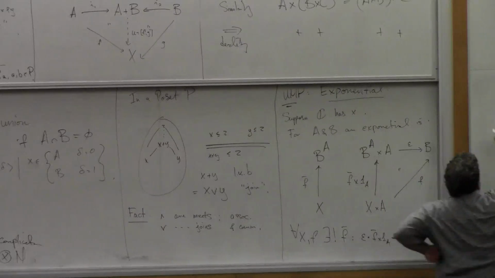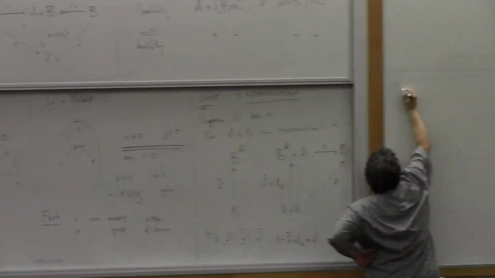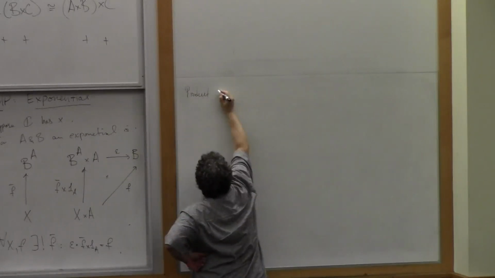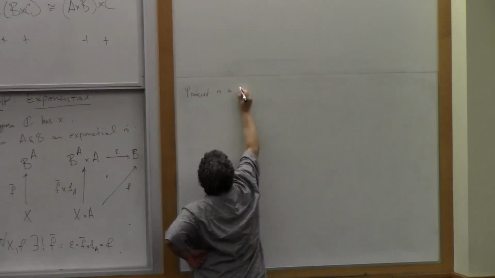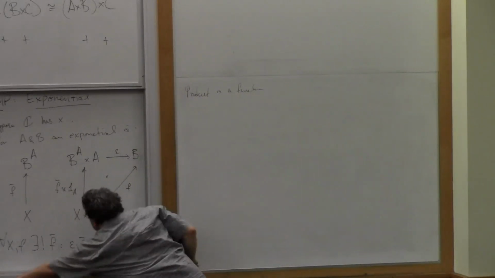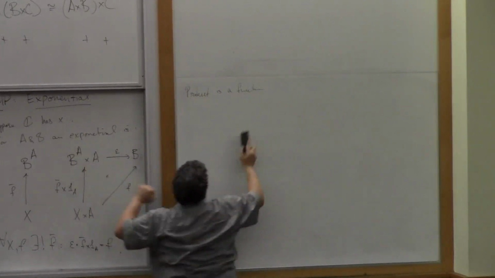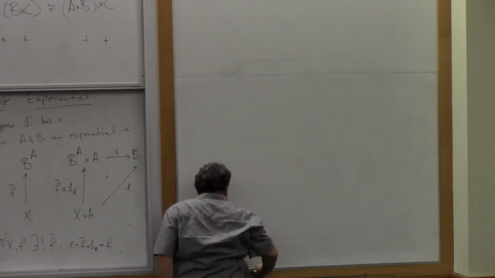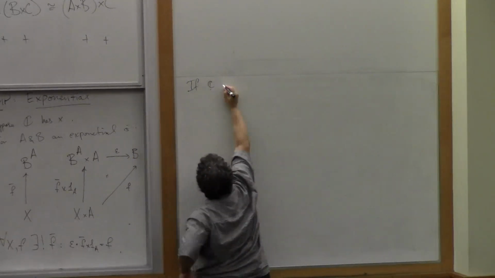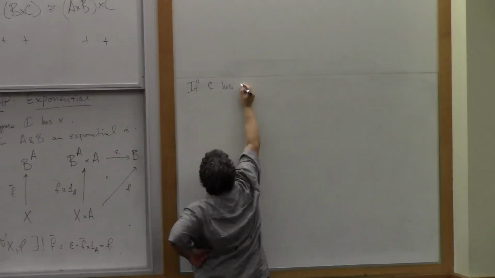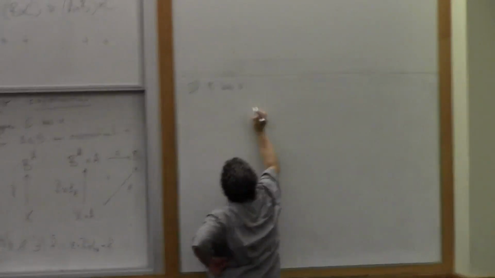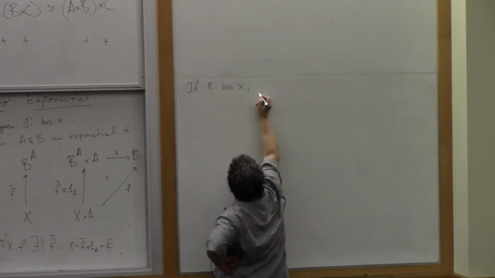So how do I make a product? Really, let's observe that product is a functor. So in this circumstance, let's say C is a category with products, binary products, by which I mean any two objects have a binary product.